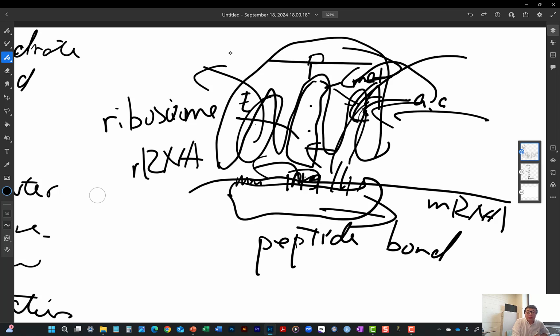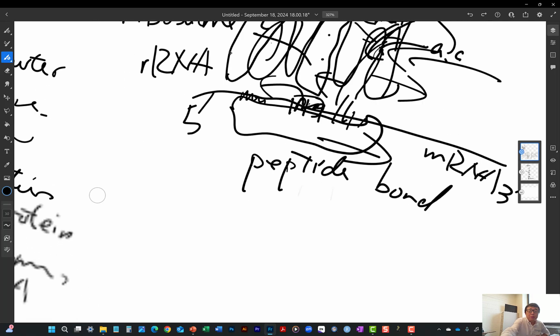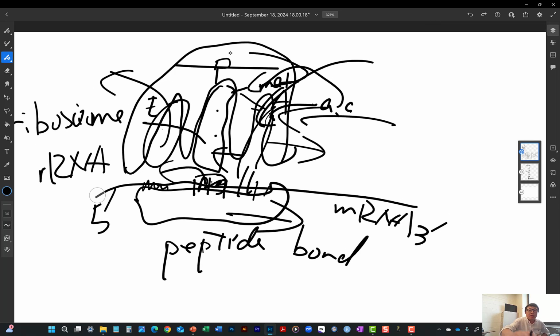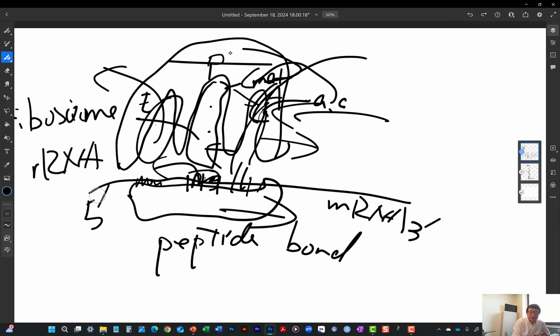And since everything is moving, the ribosome moves toward the 3' end of the mRNA, and the mRNA moves toward the 5' end itself. Anyway, the empty tRNA is squeezed out from the E site, E position.